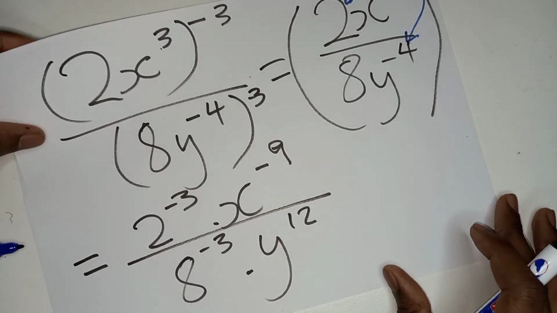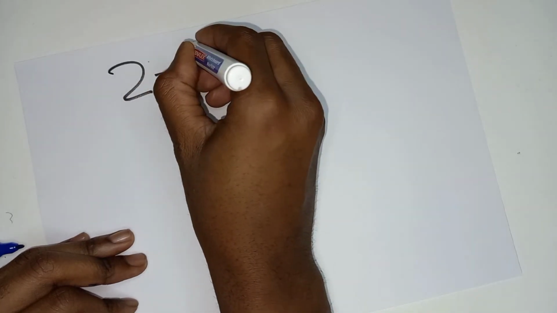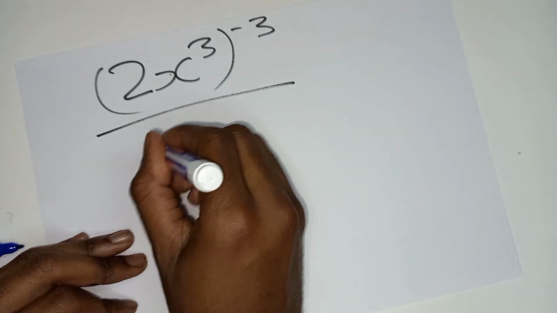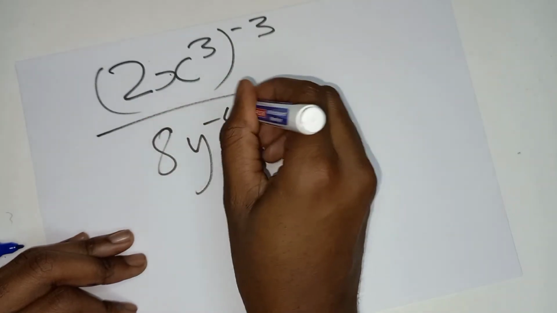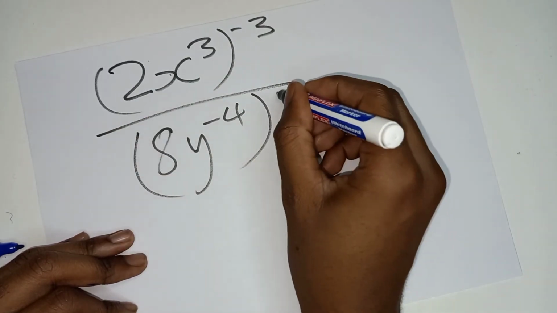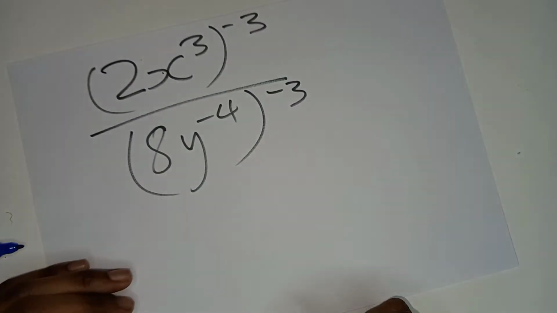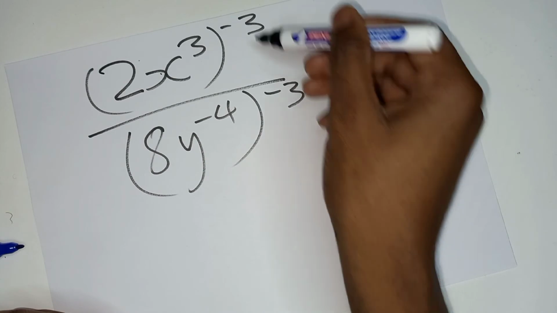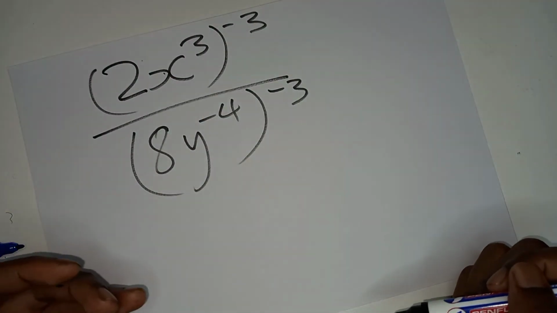But another way of looking at this is to do it like this. Since you have 2x to the 3 all to the exponent of negative 3 divided by 8y to the minus 4 all to the exponent of minus 3, what you can do is flip these two to make the exponents positive, right?